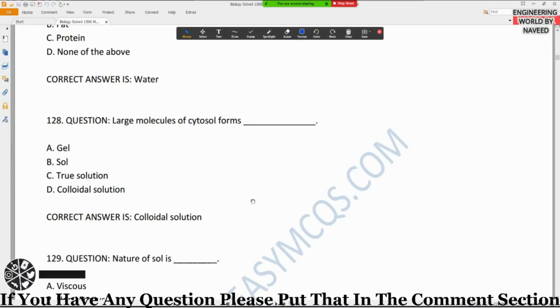Here large molecule of cytosol, so if we write cytoplasm structure, we have cytoplasm, which is the region between the plasma membrane and nuclear membrane, and the ground substance of cytoplasm is called cytosol.